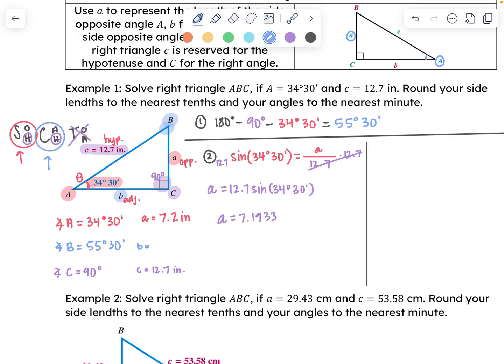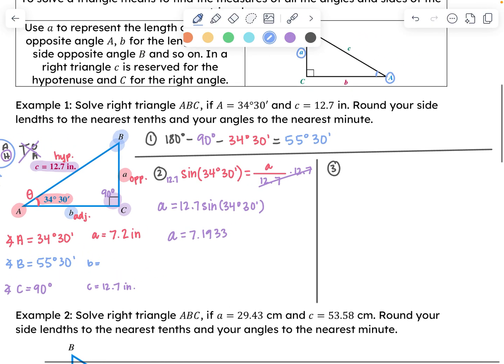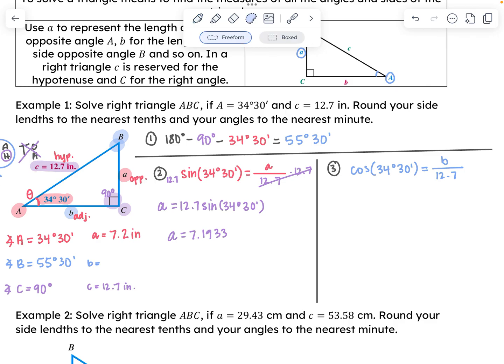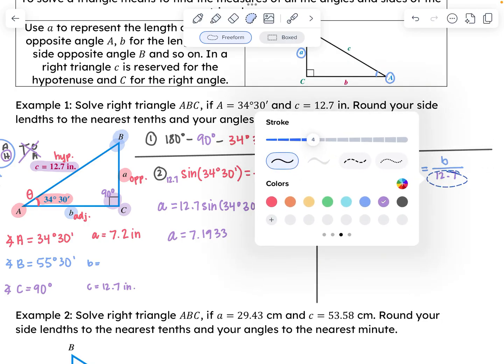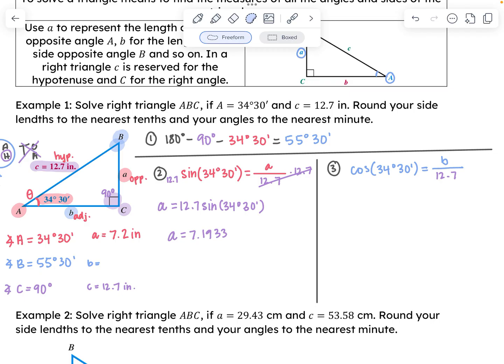So I'm going to use that to help me find side B. I'm going to come over here and say that the cosine of that same 34 degrees 30 minutes is equal to, now it's B over 12.7. Now that 12.7, same hypotenuse, that didn't change, but the different trig function and the different value on top of the fraction did change.